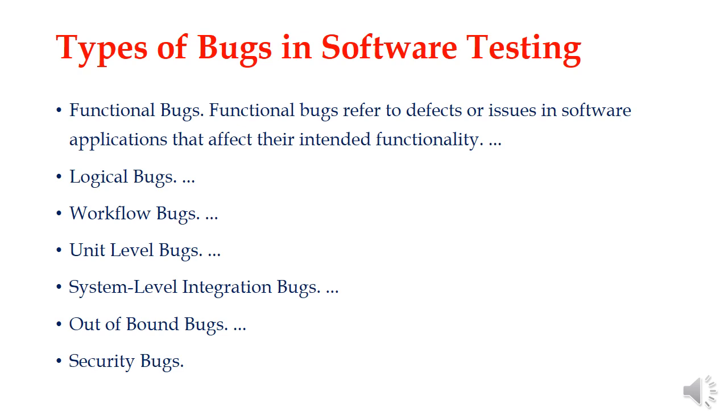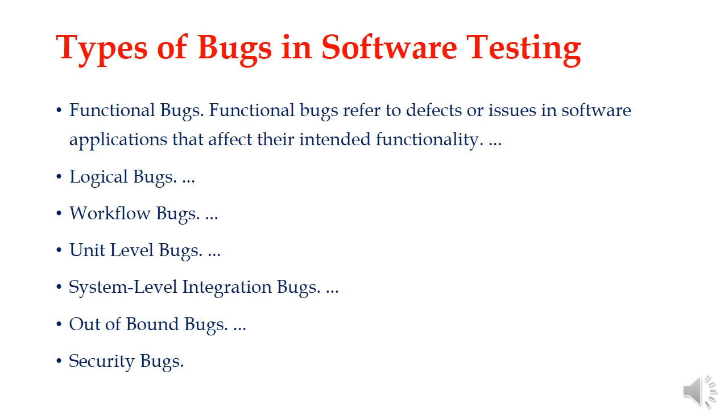So what are the types of bugs present? Functional bugs, logical bugs, workflow bugs, unit level bugs, system level integration bugs, out of bound bugs, security bugs. We'll see them one by one. Functional bugs refer to defects or issues in software applications that affect their intended functionality. Logical bugs may be software logical errors.